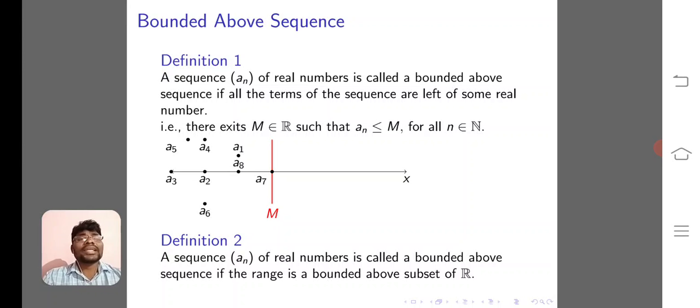Formal definition: if there exists an M belongs to R such that a_n is less than or equal to M for all n belongs to N. All the terms of the sequence should be to the left of M on the real line. We have another definition: a sequence of real numbers is called bounded above if the range of the sequence is a bounded above subset of R.